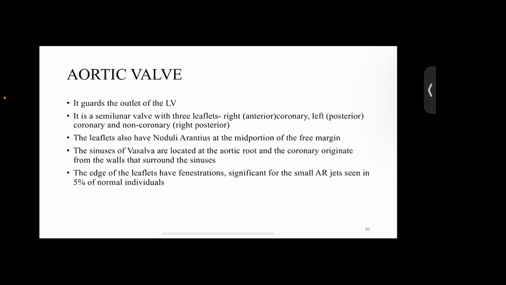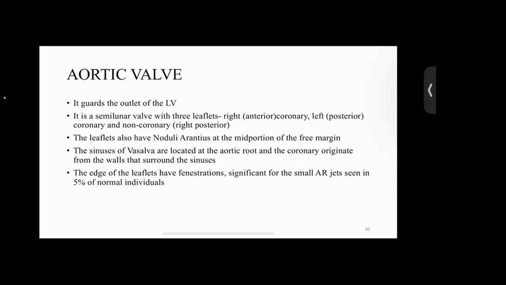Okay, so the aortic valve guards the outlet of the left ventricle, and it's a semilunar valve with 3 leaflets. So we have the right, which is the anterior coronary, the left posterior, and then the non-coronary. We'll see it later. So the right coronary, the left, and then the non-coronary, which doesn't give rise to a coronary artery. The leaflets also have the noduli arantii, which is the folding at the free edge of the leaflet at the mid portion of the free margin.